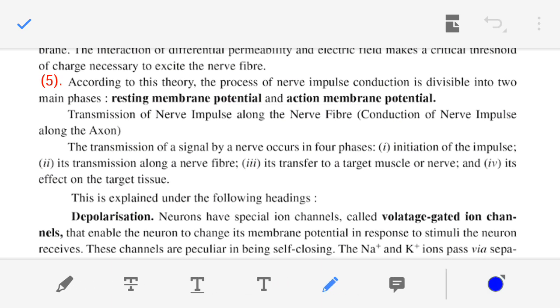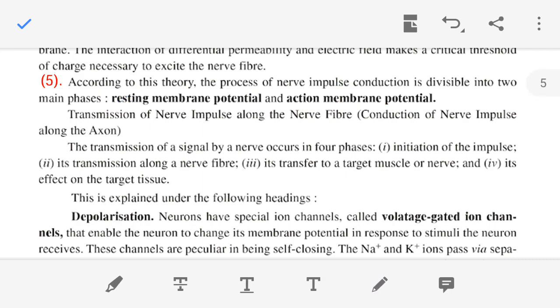So according to the theory, of the process of nerve impulse conduction, we can divide the propagation of nerve impulse into two main phases. One phase is the resting membrane potential, which we know, and the second phase is the action membrane potential.